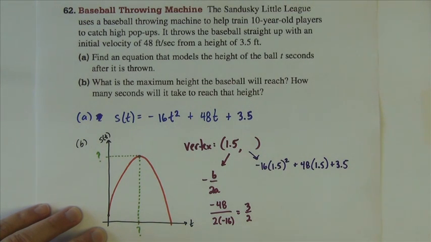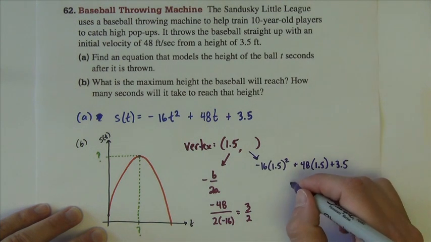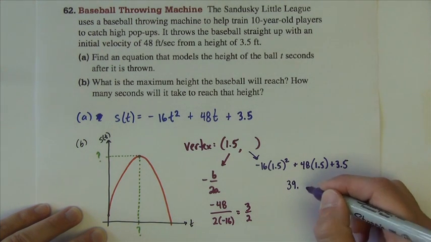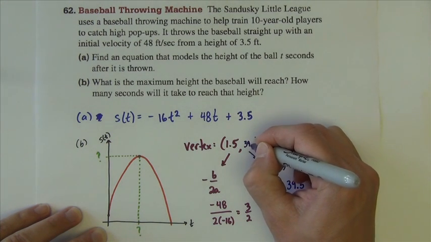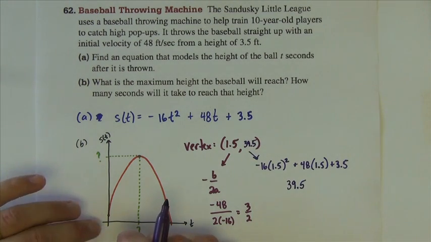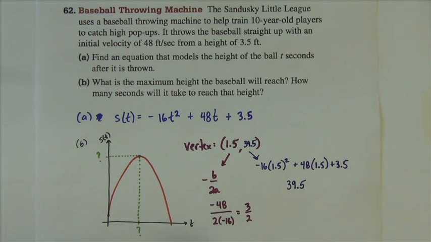So don't think I'm doing this in my head. And I get 39.5. Okay, so we can say at 1.5 seconds the ball is 39.5 feet in the air, and we can say, since that's the vertex point, that that's the maximum height that the ball reaches.